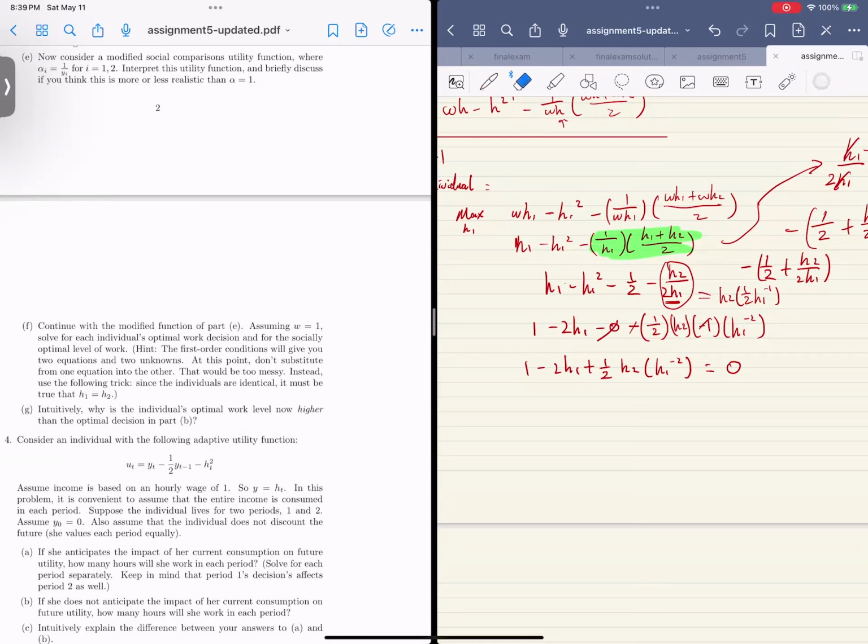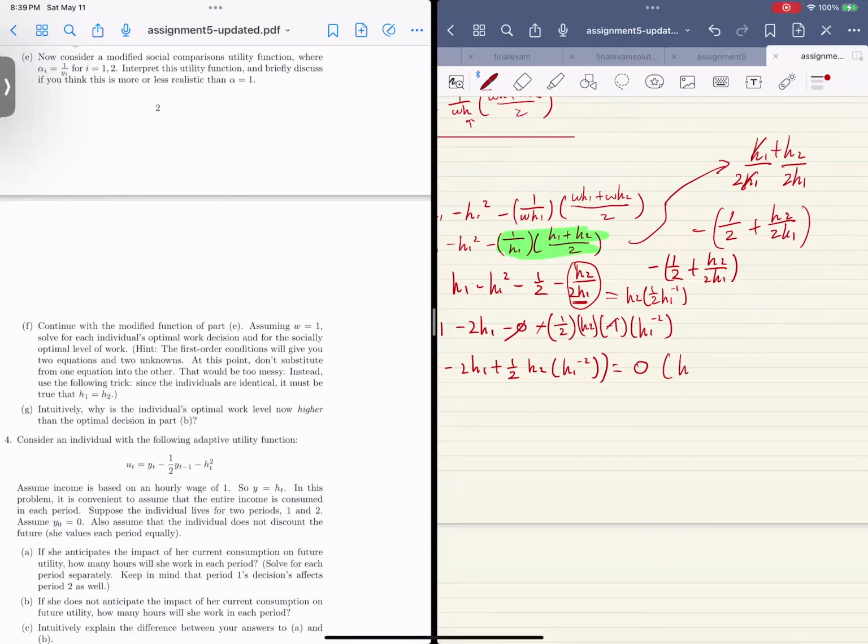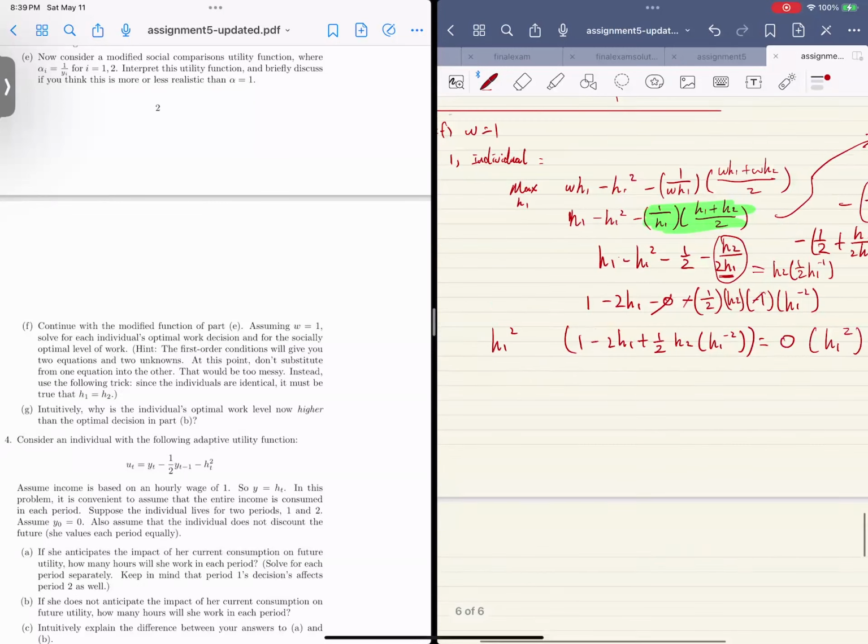Now we multiply everything by H1 squared, and then this gets canceled out here. We have H1 squared minus 2H1 cubed plus 1/2 H2 equals 0. And H2 equals H1 in this case.